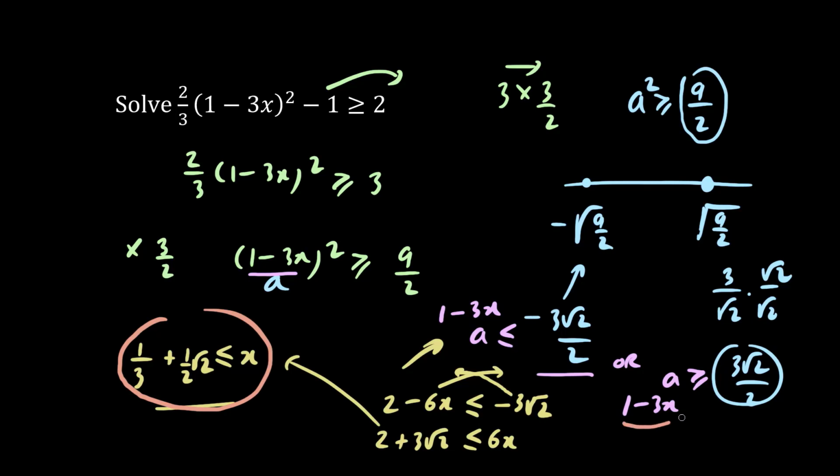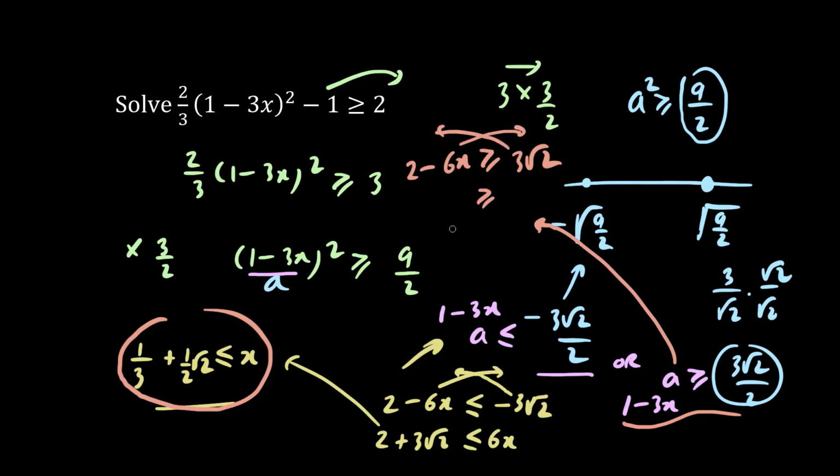Now let's focus on this part over here. Let's write in the middle. Multiplying both sides by 2, we have 2 minus 6x is greater than or equal to 3 root 2. Let's throw this over and throw this over this way.